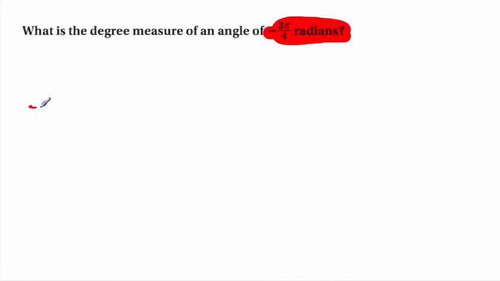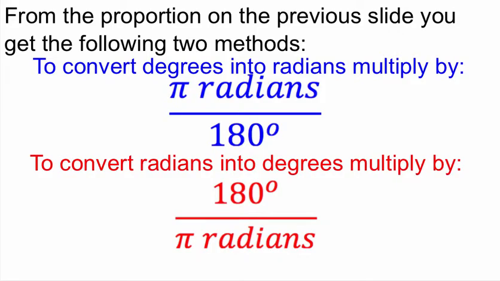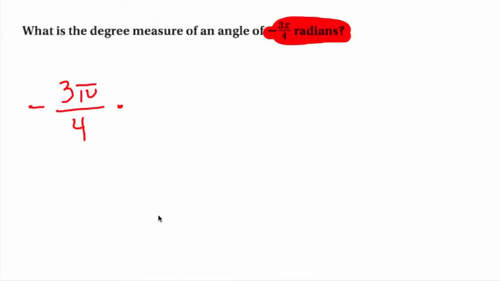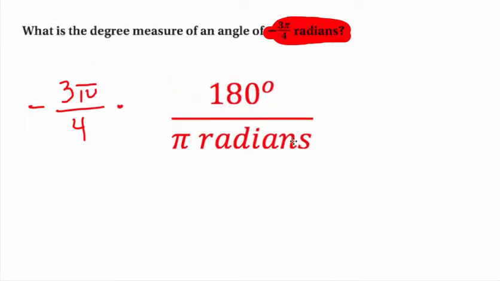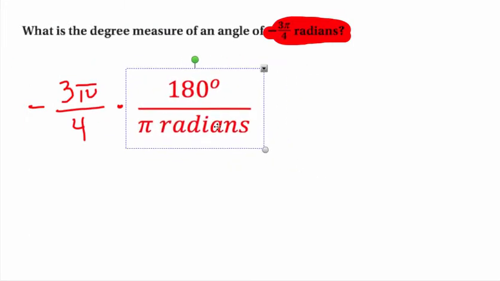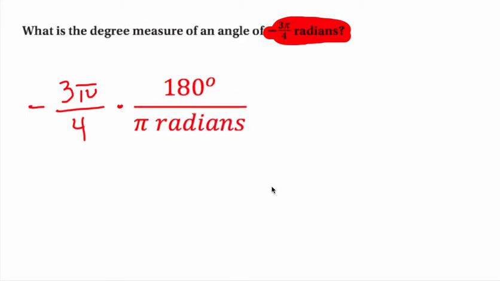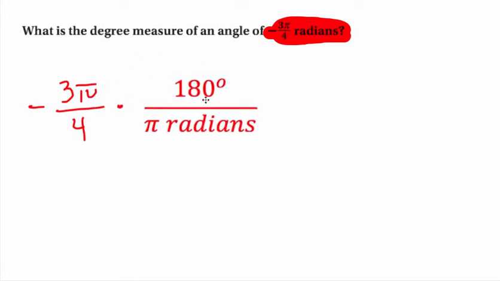I'm going to take negative 3 pi over 4, and I'm going to multiply by this. I'm going to get kind of snazzy here: I'll copy it, paste it, and adjust its size so it's the same size as everything else. That's literally what I'm going to multiply by. Let me show you how we multiply.